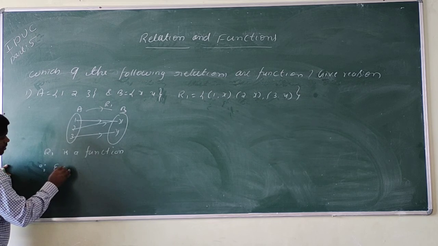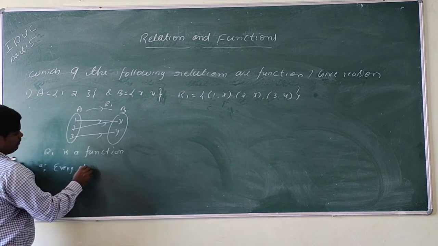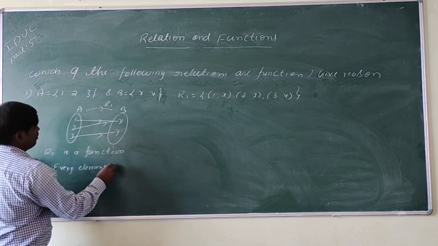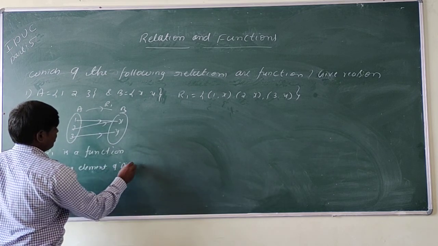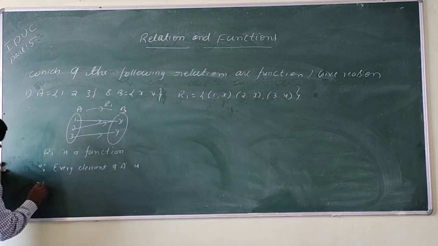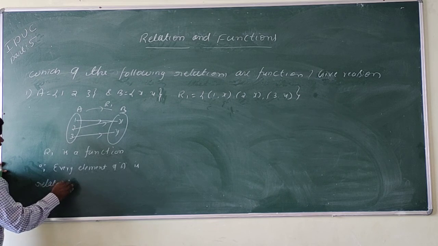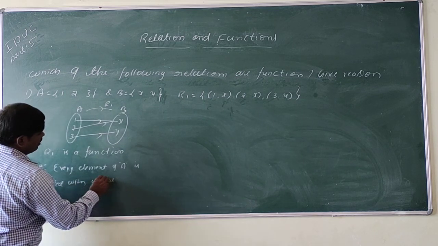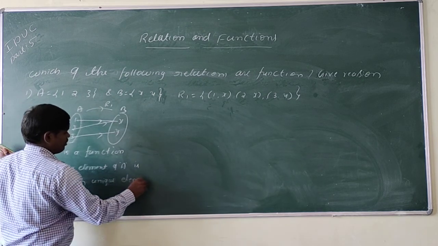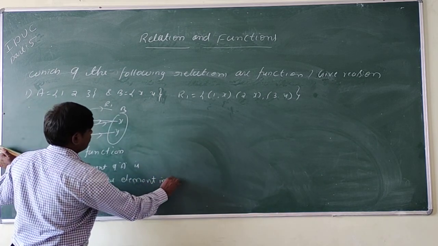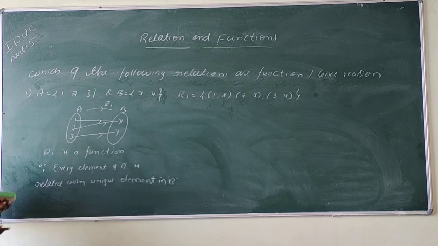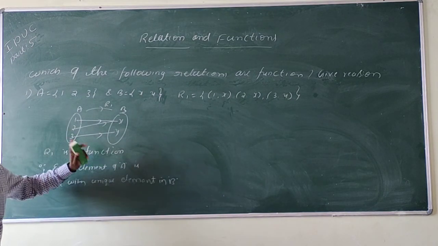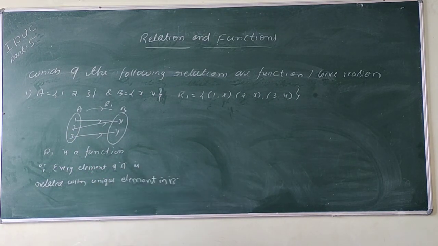Every element of A is related with a unique element in B. Therefore, the relation R1 is a function. Okay, so write down.